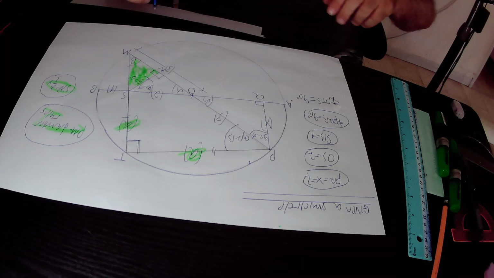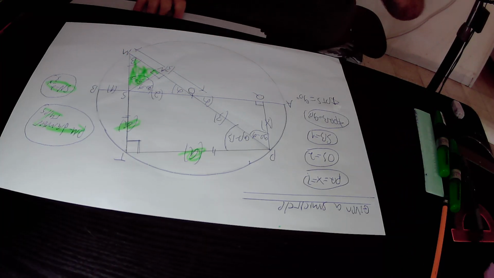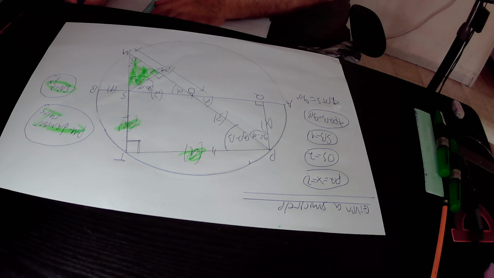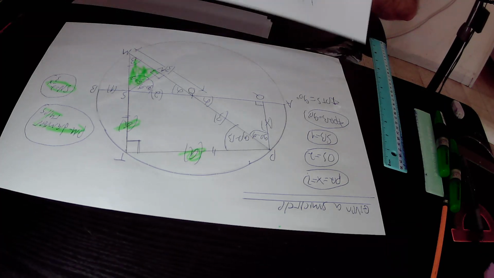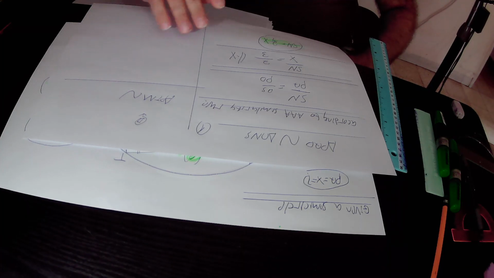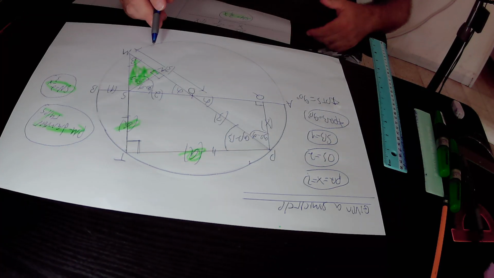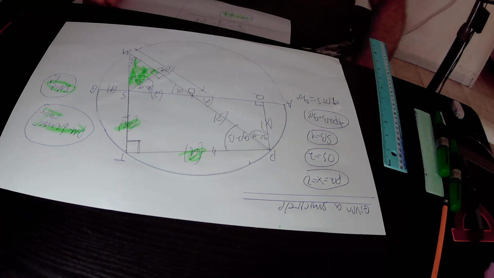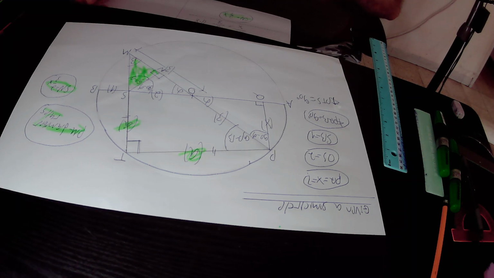So we find out that the big right triangle PTM is similar, this is the sign of similar, to this small green right triangle SNM according to the angle similarity rule.